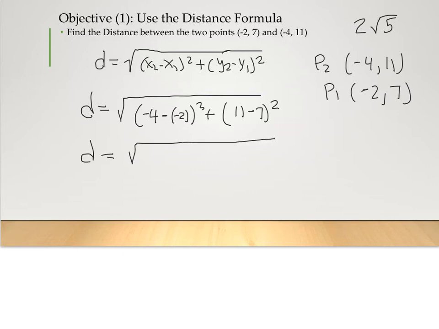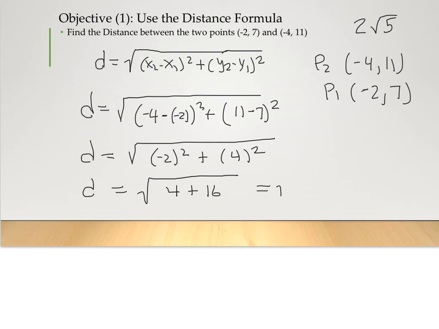So now I get negative 4 minus negative 2, which becomes negative 2 squared plus 4 squared. And so now I get d is equal to the square root of 4 plus 16.